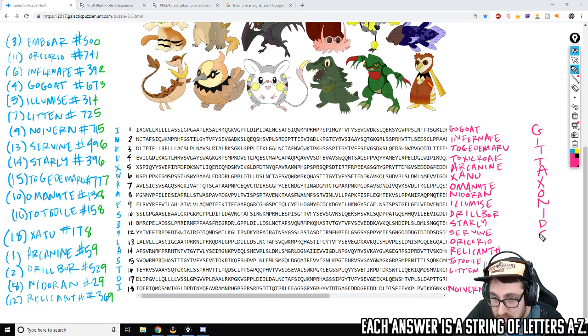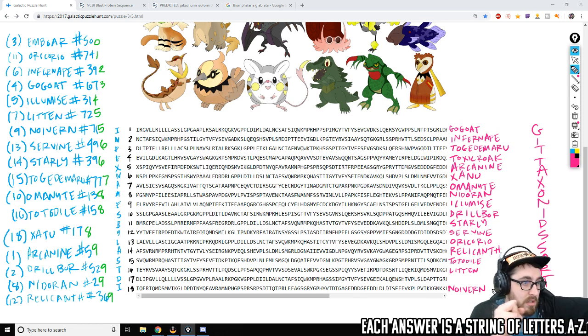Taxon IDs, sort. What was the last one we haven't used here? Sort LEN. Sort length. Sort lengthwise or something.